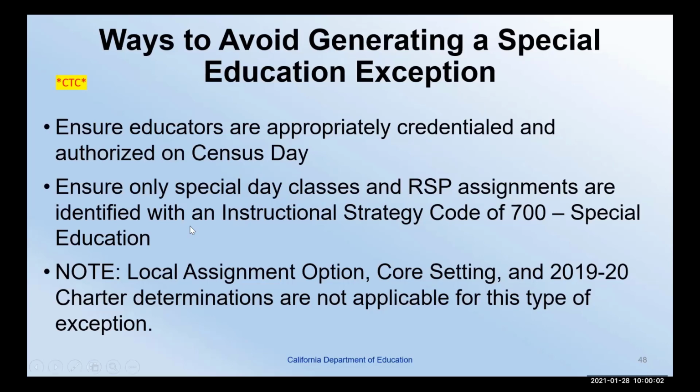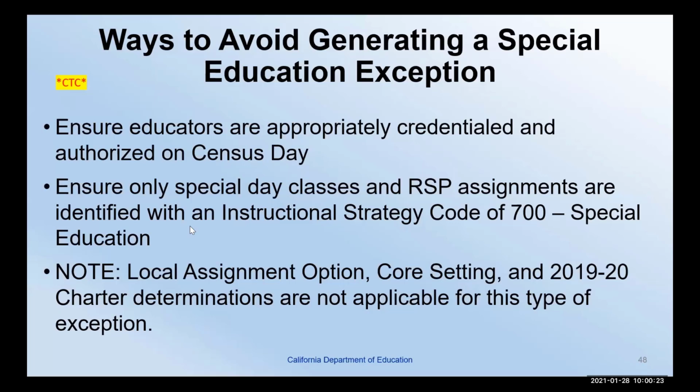Now, if the assignments are reported accurately in CalPADS, it will reduce the number of exceptions produced in CalSAAS unnecessarily. And based on the number of CalPADS errors that we saw this year, I do believe, in the subsequent years, we will see a reduction in that.